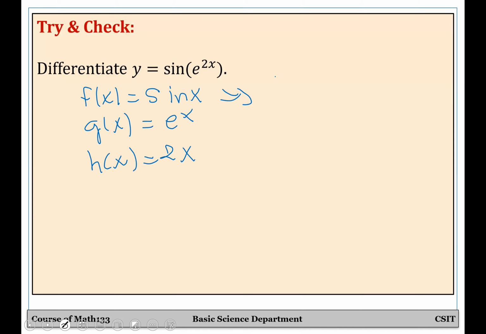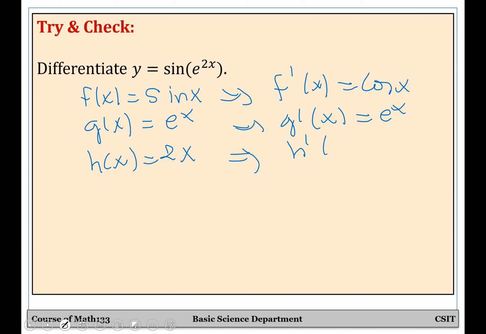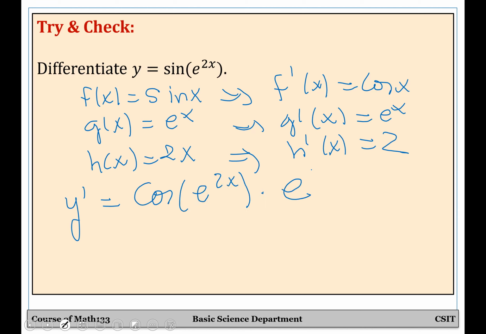So the derivative here: f prime is cosine, g prime is e to the x, the derivative of e to the x is the same. So h prime of x is equal to 2. Then y prime is equal to cosine of e to the x, multiplied by e to the x, multiplied by 2 that I will write in the beginning.